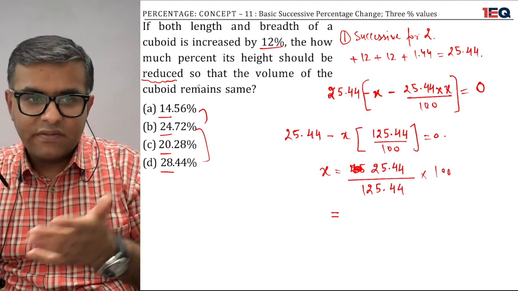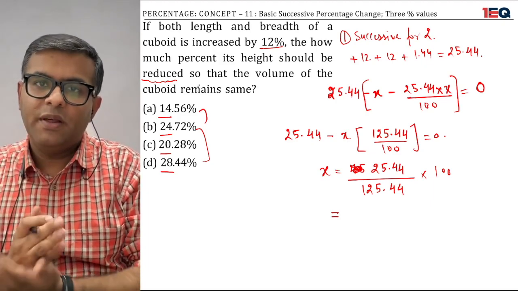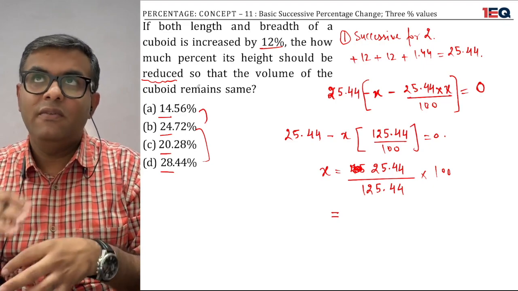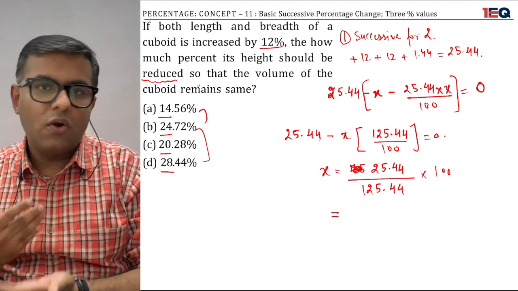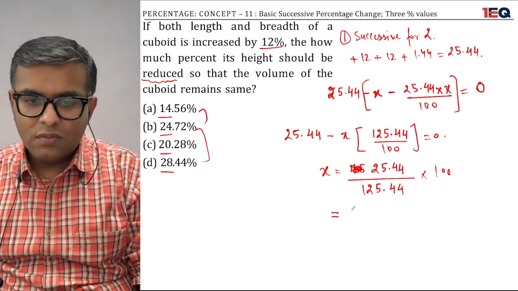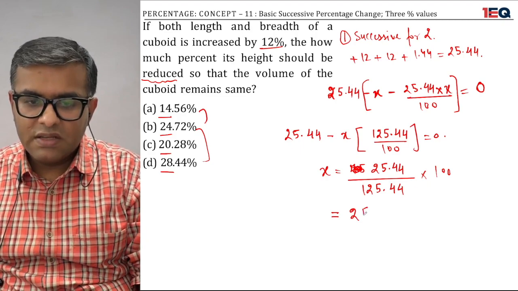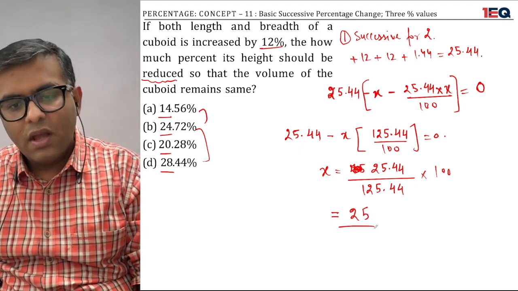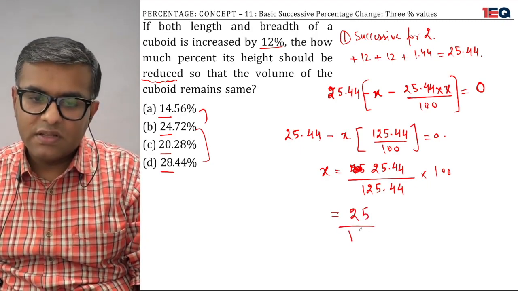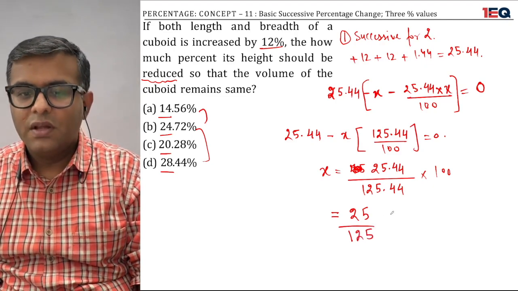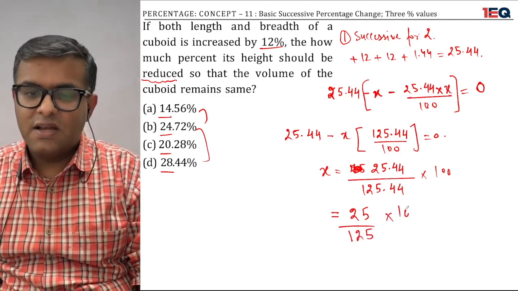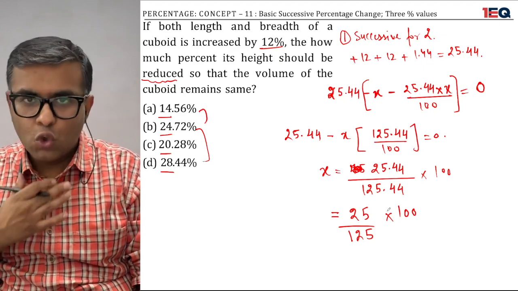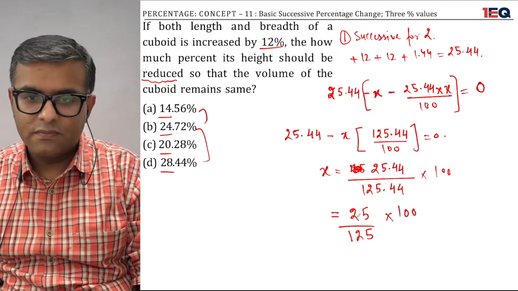Okay, if the options are very close, let's assume 20.28, 20.30, 20.95, 20.1, you cannot do this. Okay, let's assume that 25.44 is nothing but 25 only, and 125.44 is nothing but 125 only. It breaks down the question so very well for all of us.